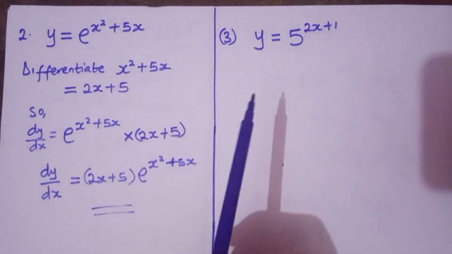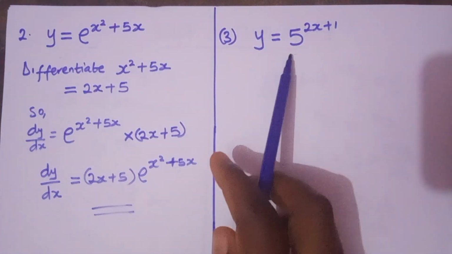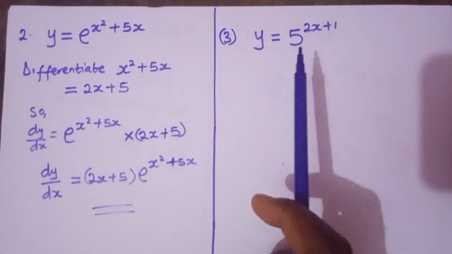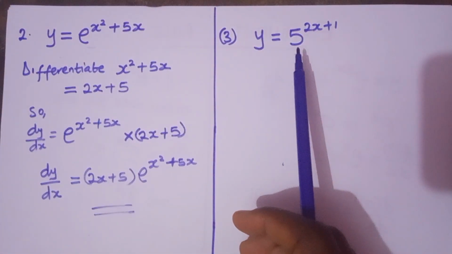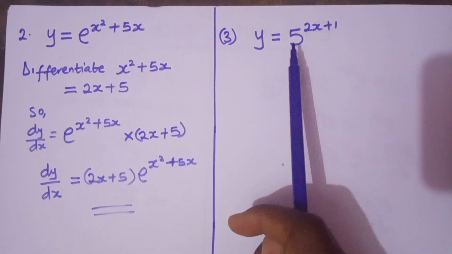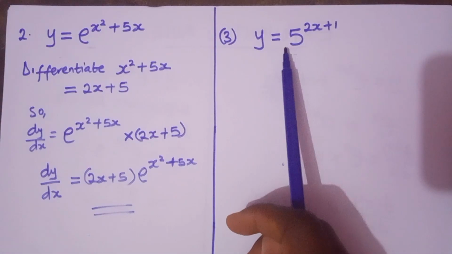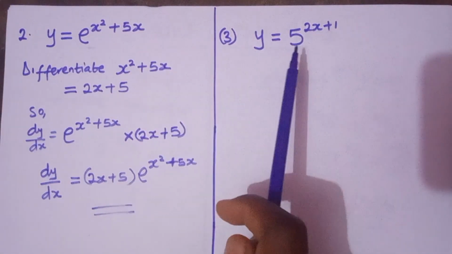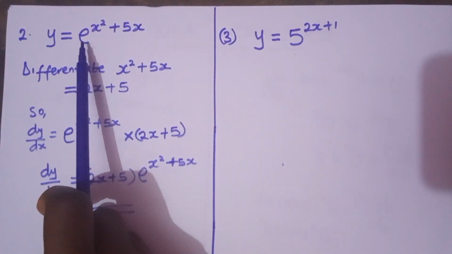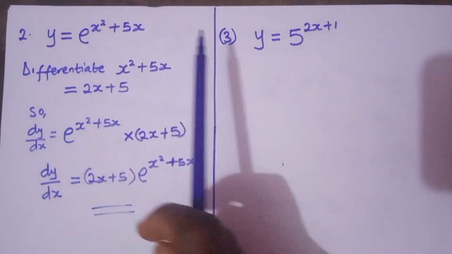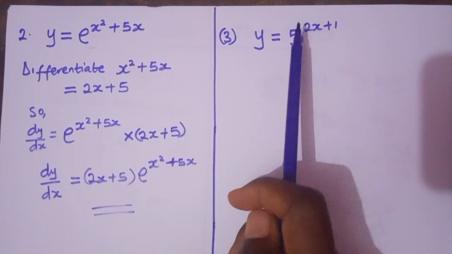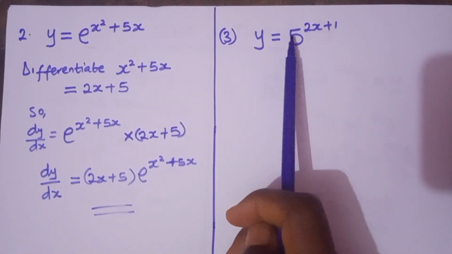So question 3, if you check, this looks different from the first and the second question. From the beginning, I made a statement that whenever we are given an exponential equation and it doesn't come with e, we call this a base.